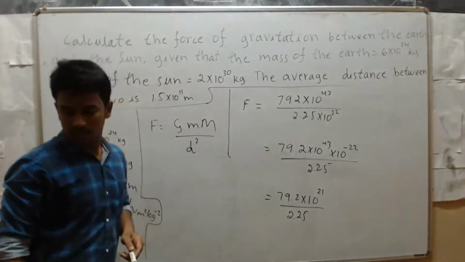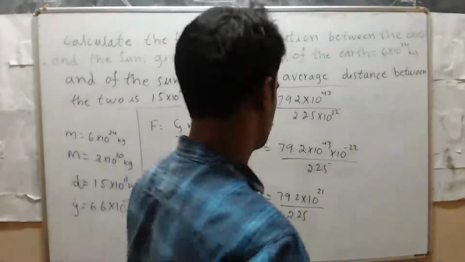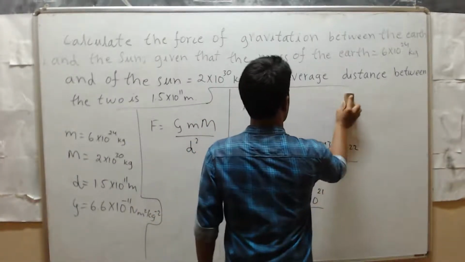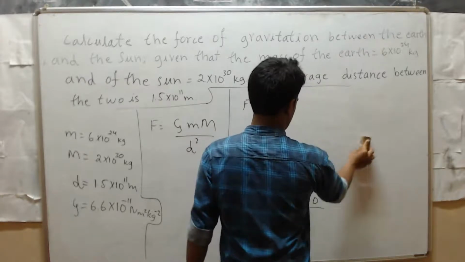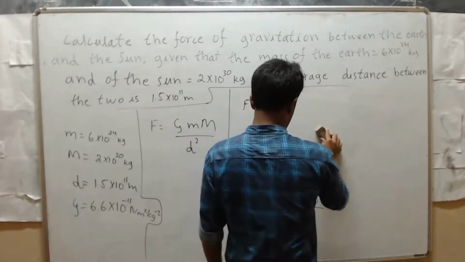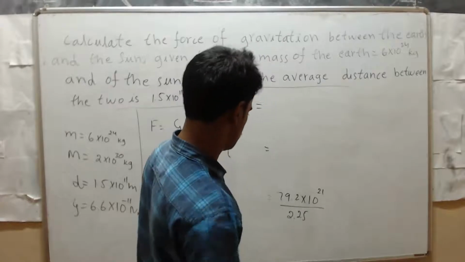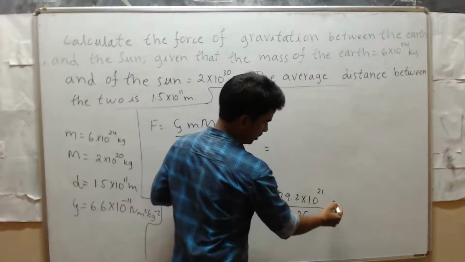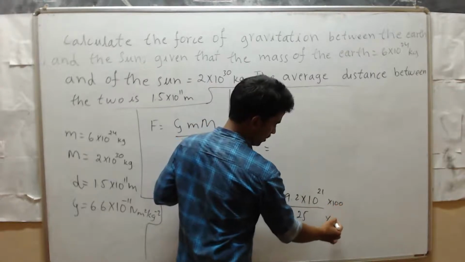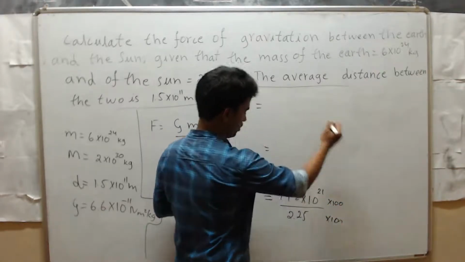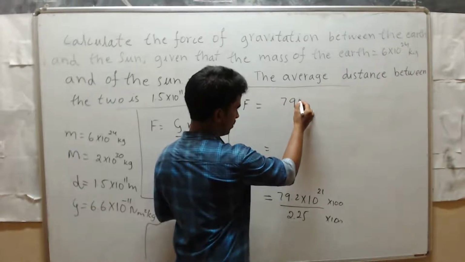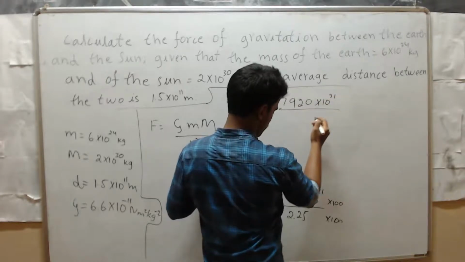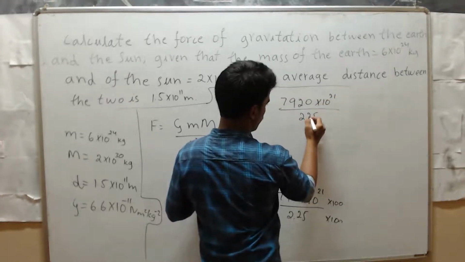Now, better to multiply and divide by 100, so that is 7920 into 10 raised to the power 21 divided by 225.